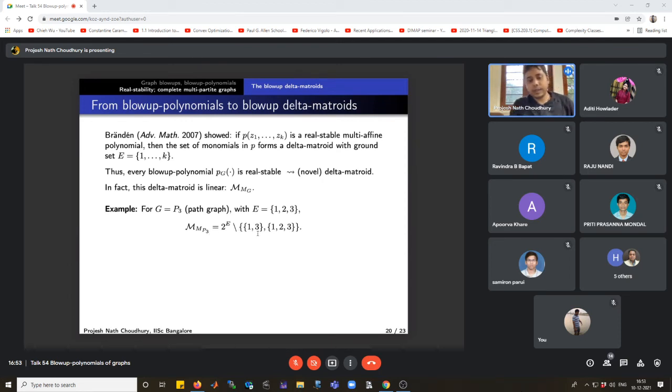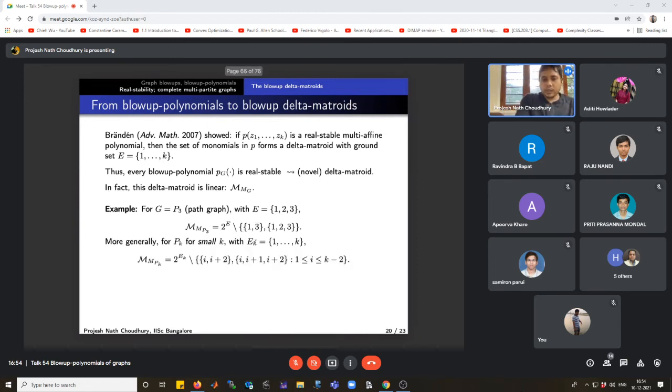Here, as I mentioned in the beginning, for a path graph on 3 nodes, the coefficient of the monomial is 0 because it is a block of 2 nodes, and you can also show that for this submatrix the coefficient of this monomial is also 0. And more generally, this equality holds for a path graph on k nodes for small values of k.